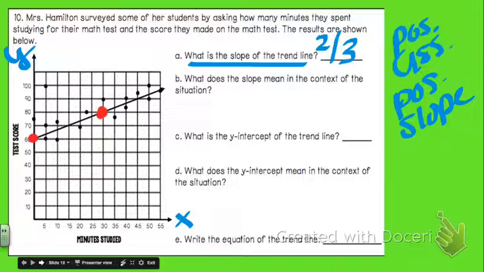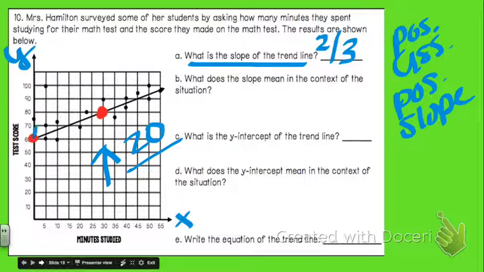I'm going to rise up, just like Alexander Hamilton. I'm going to rise from 60 to 80, so that would be 20.